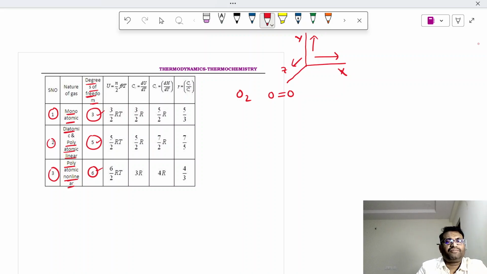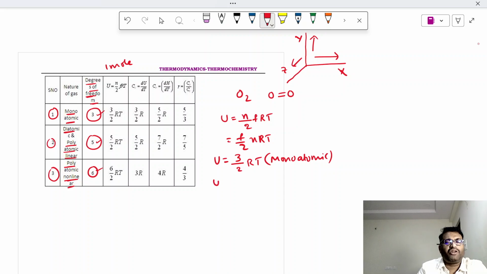And internal energy is given by the formula F by 2 nRT. If you consider 1 mole, n is equal to 1, then U will be 3 by 2 RT for monoatomic gas.